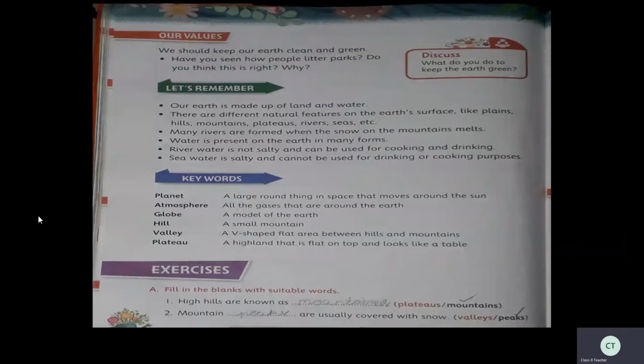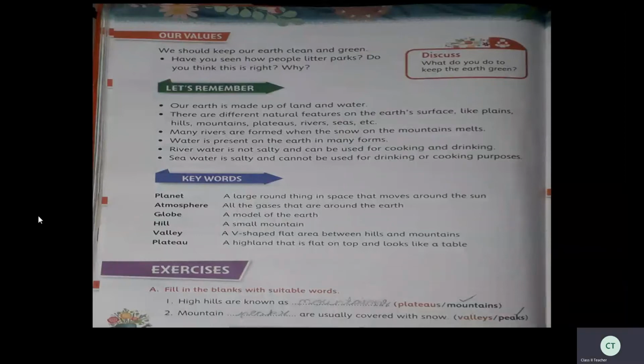The next keywords: planet, a large round thing in space that moves around the sun. The atmosphere, all the gases that are around the earth. We can't see them, but we can experience so many gases.